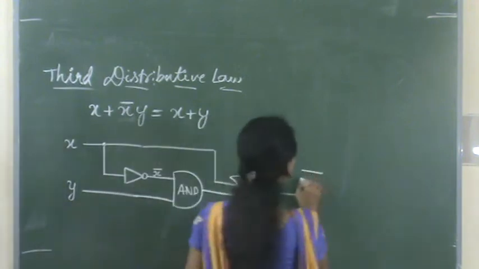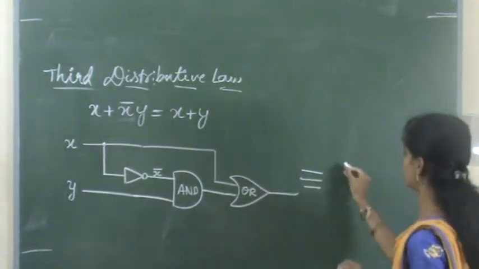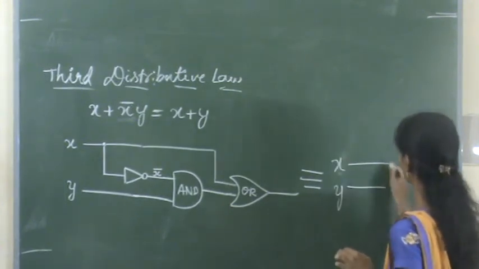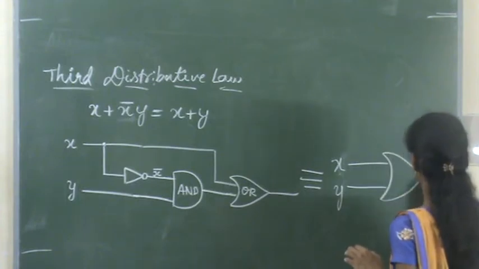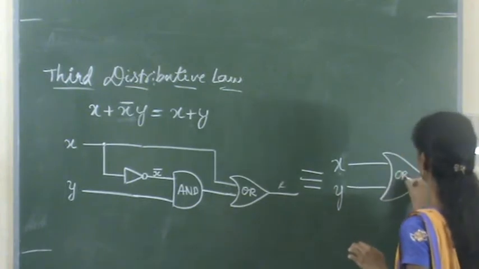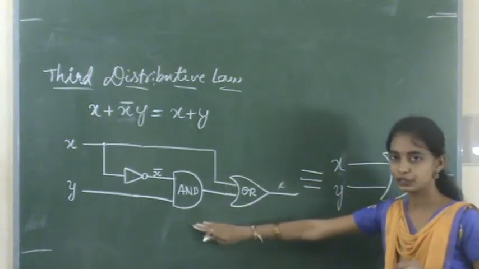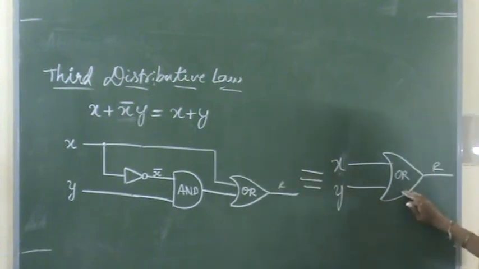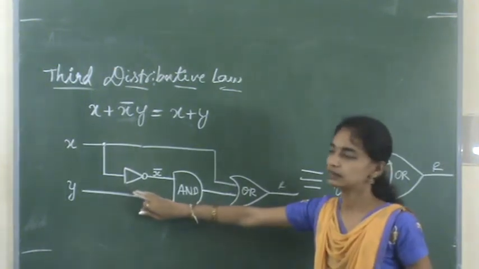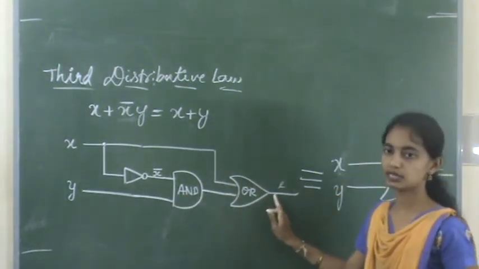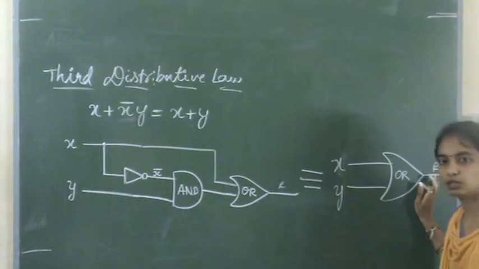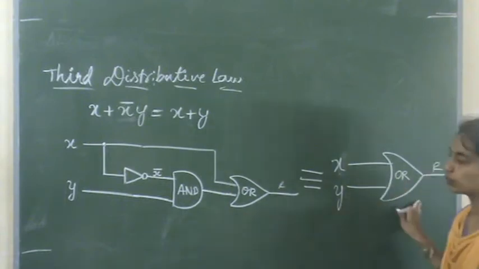This is equivalent to x plus y, means this circuit is equal to this circuit. So here whatever input values you provide, the result will be the output, right? So this output is also the same as this output if you are providing the same input. Okay. So this circuit is equal to this.